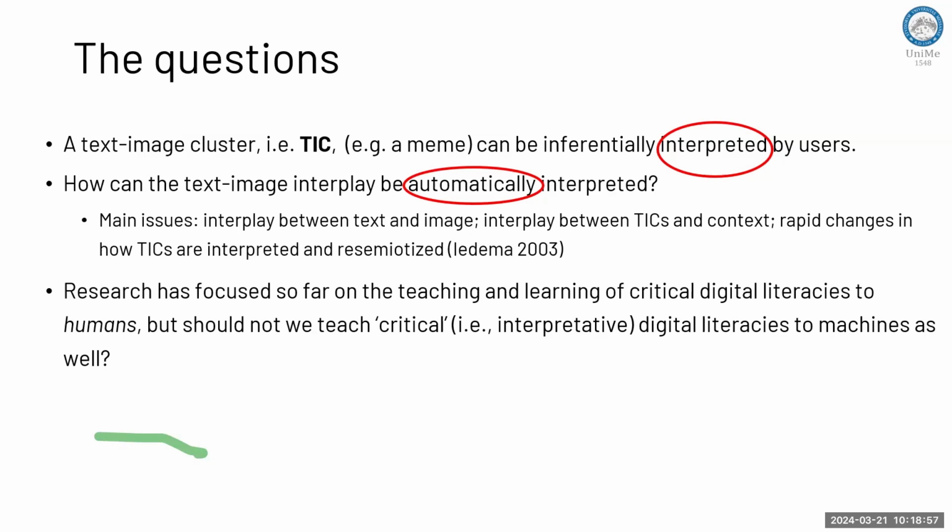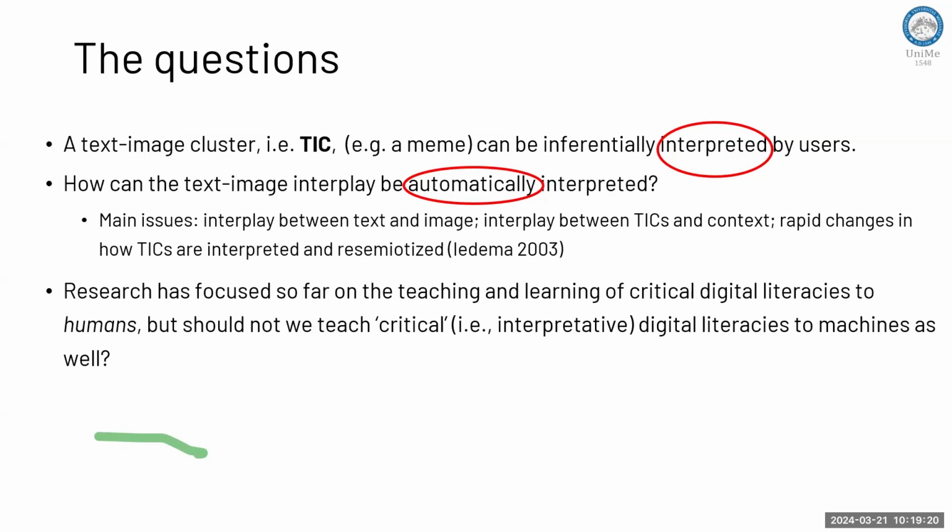Research has focused so far on the teaching and learning of critical literacies to humans. So this is something that is, if you wish, very banal. It is, of course, about teaching humans. This is the basic and very well-established assumption here.